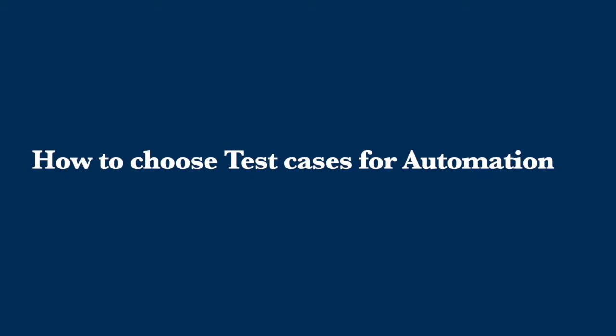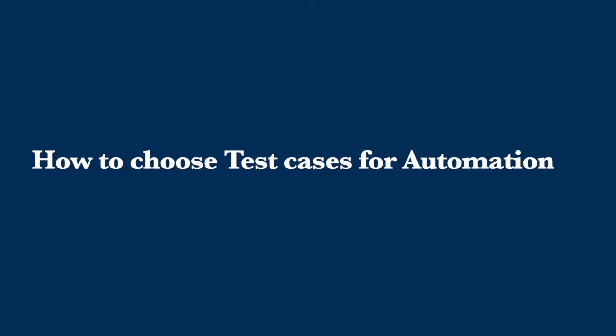It's a very important point to understand that identifying the automation candidate is very important. Because if you identify the wrong test cases, then it might waste your effort and your time. It will not give you the ROI which you are expecting.